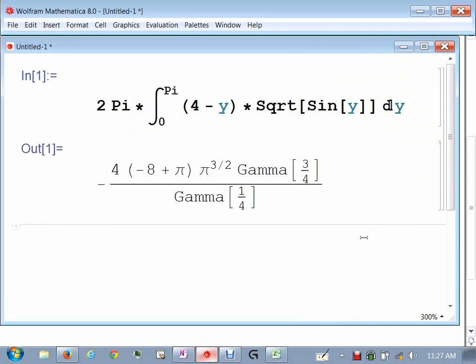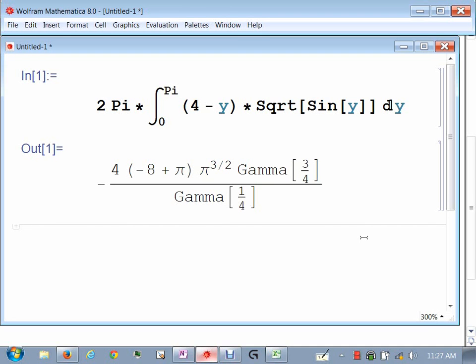What does the back of the book have? Does it have a decimal? Did anyone check the back? Most people probably haven't ever heard of a gamma function, right? Oh, correct. 5. So they're going to give a decimal answer, I'm sure.